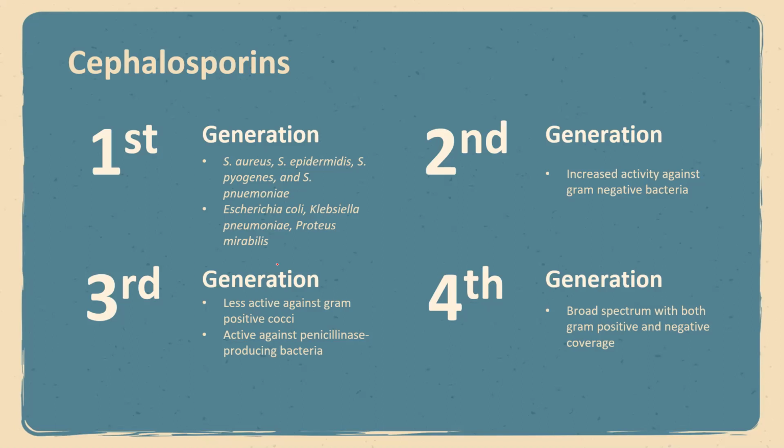Take note, you can use third generation cephalosporin against Pseudomonas aeruginosa, the bacteria that causes blue pus, and it is also blue in its culture media. And lastly, we have the fourth generation cephalosporin, which is broad spectrum with effect against both gram-positive and gram-negative microorganisms.